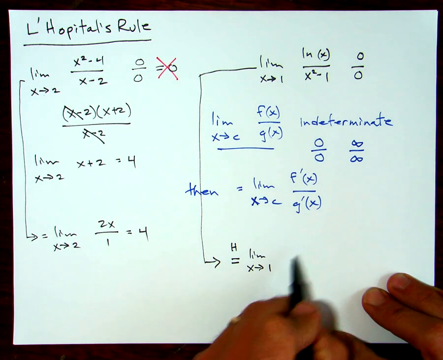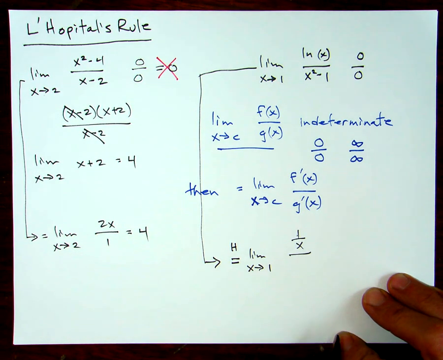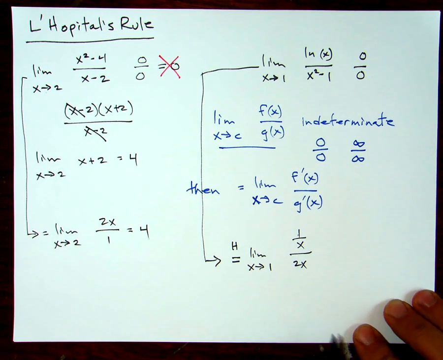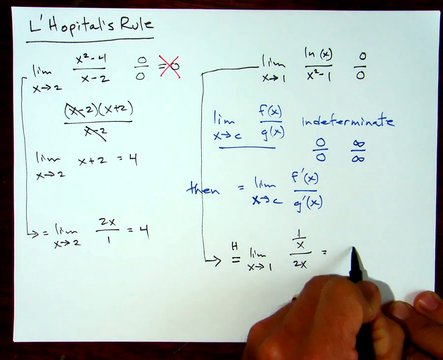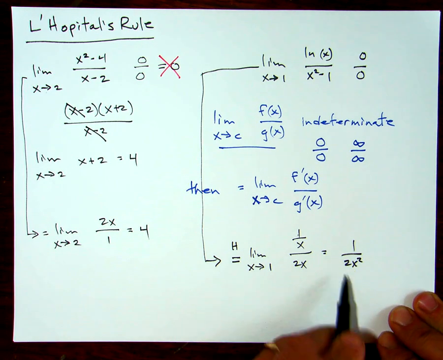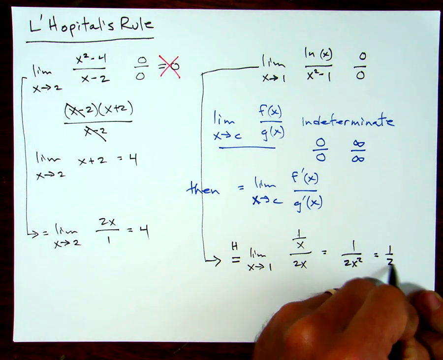The derivative of natural log is 1 over x, and the derivative of x squared minus 1 is 2x. After I simplify, I get 1 over 2x squared. So the limit as x approaches 1 of 1 over 2x squared, I can just plug in 1, and I'm going to get 1/2.